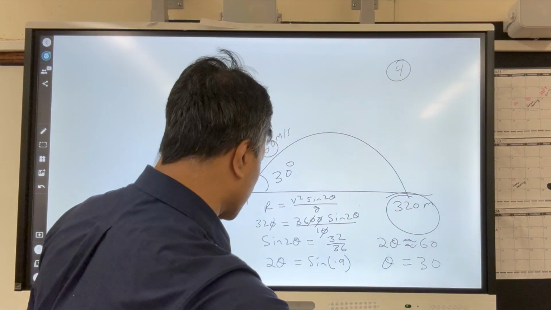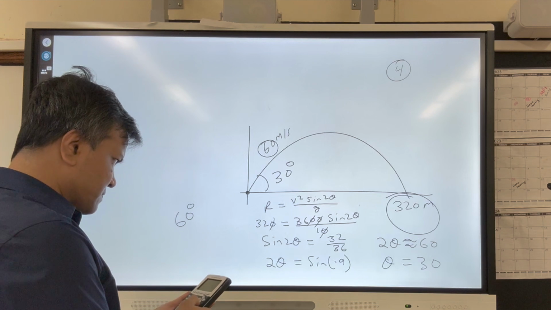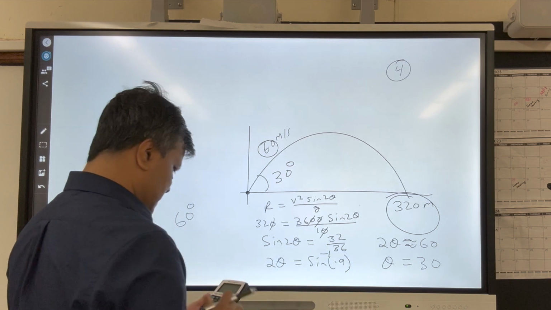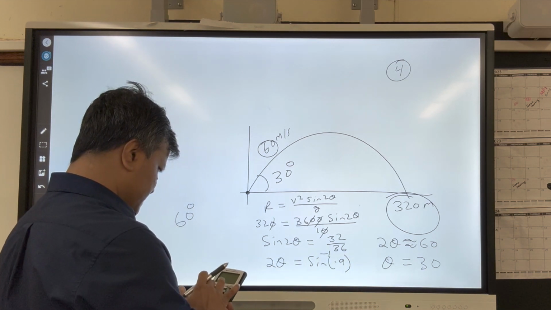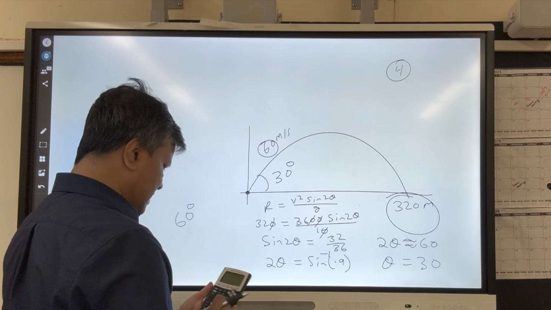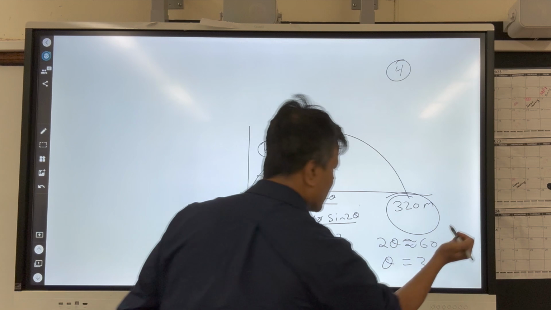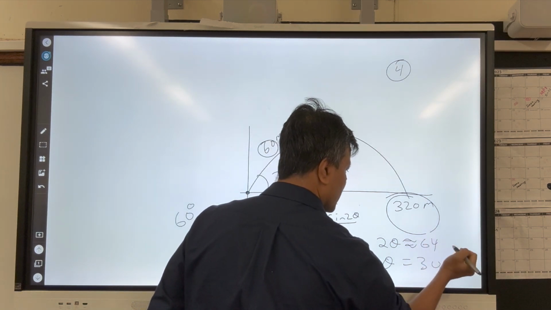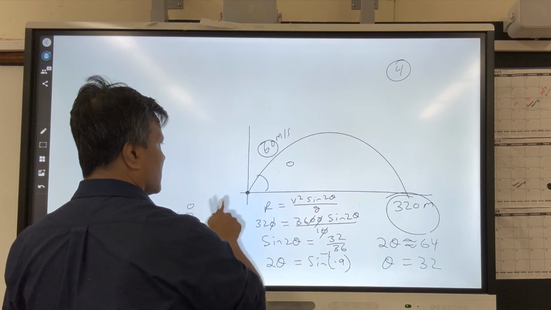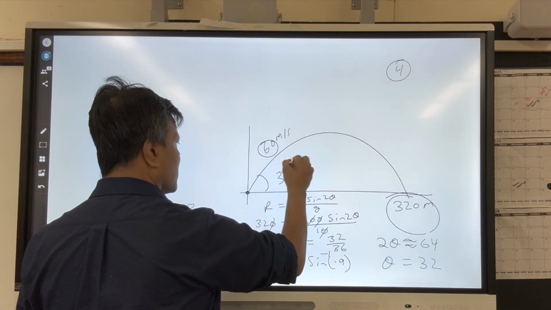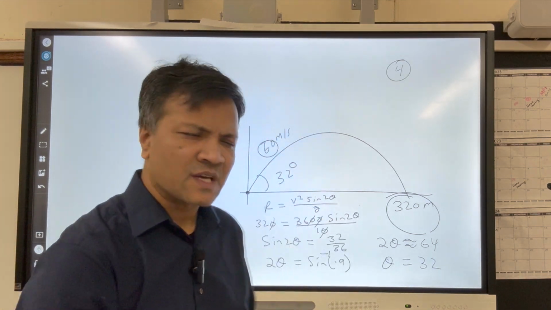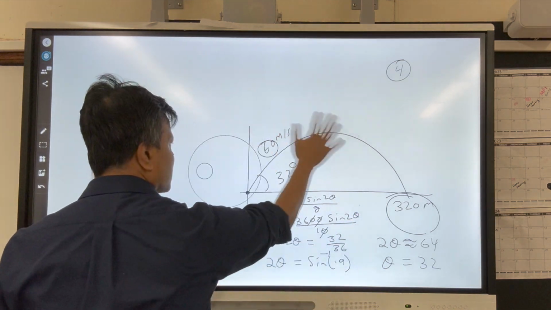Just to verify, sine inverse 0.9 is actually 60. So you have sine 0.9 is actually, yeah, it's actually 64. So I was close, 64. So this is 32. So 32 degrees or 64 degrees will allow you to get the business done, hit the target.